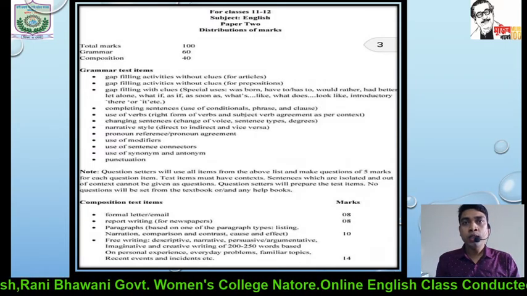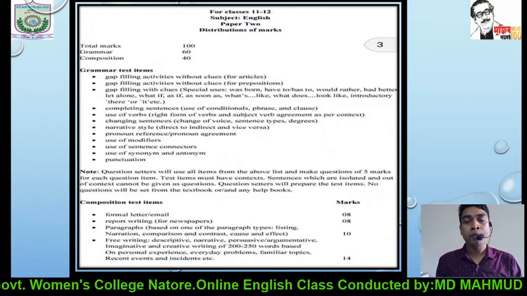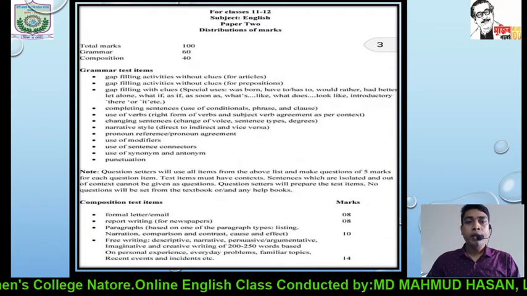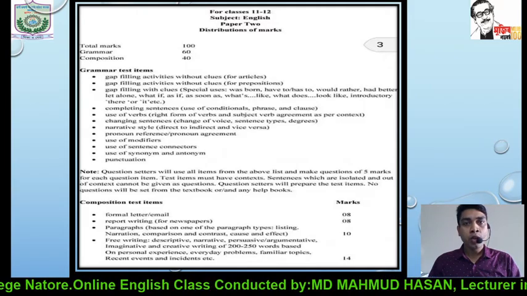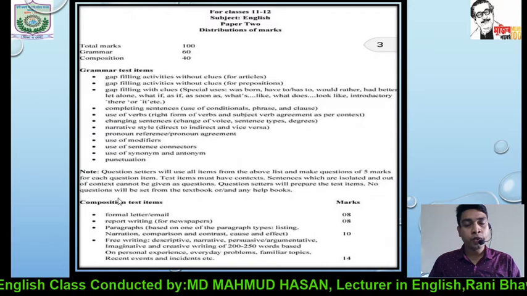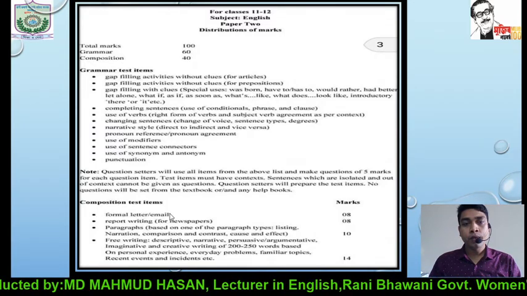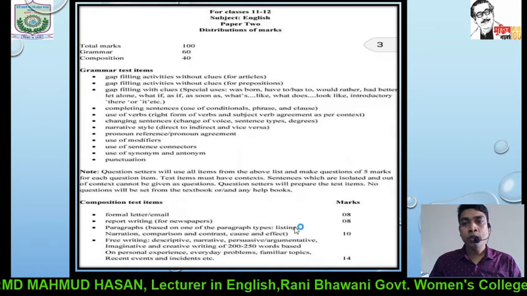So my dear students, these are your marks distribution for paper 1 and paper 2. And you know, in our paper 1, writing part is 40 marks, and in paper 2, writing part is also 40 marks.